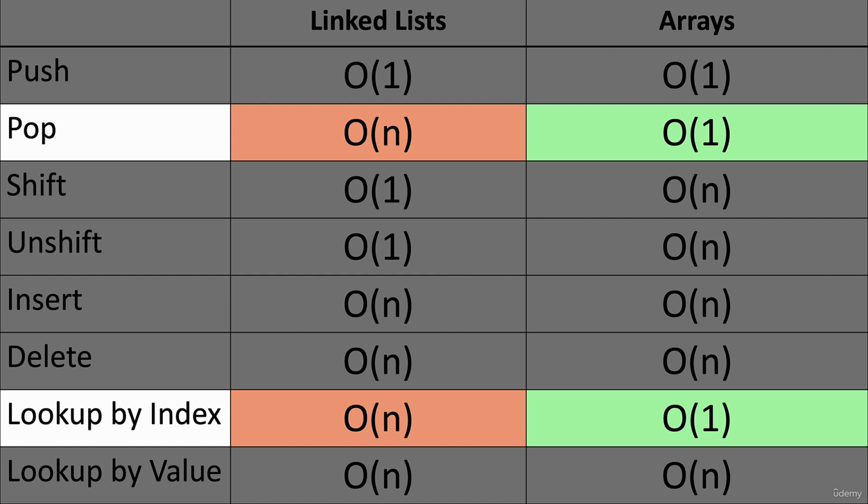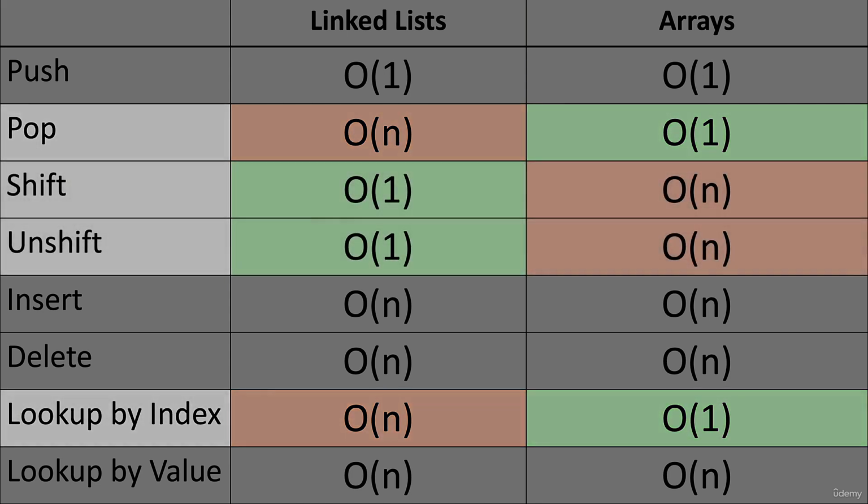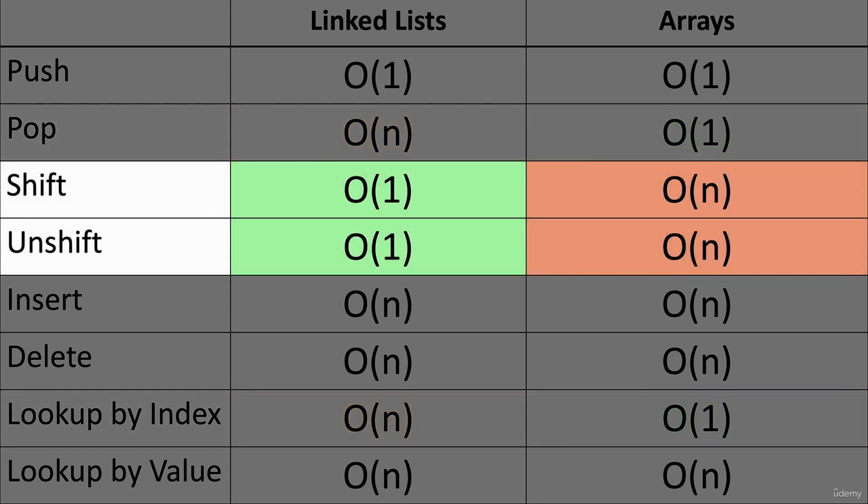Pop and looking up by index are O of 1 for arrays, but O of n for linked lists. And then we also have a couple that are better for linked lists and not as good for arrays, which is adding and removing items from the beginning, shift and unshift. It just depends what you're going to be using your data structure for.